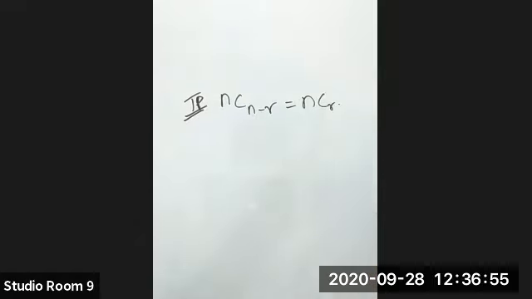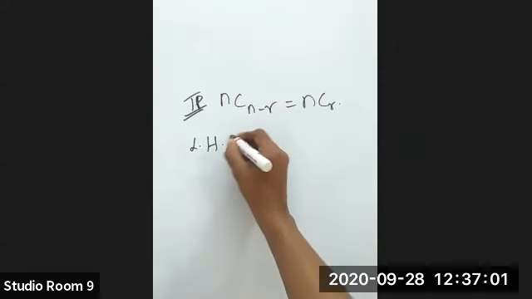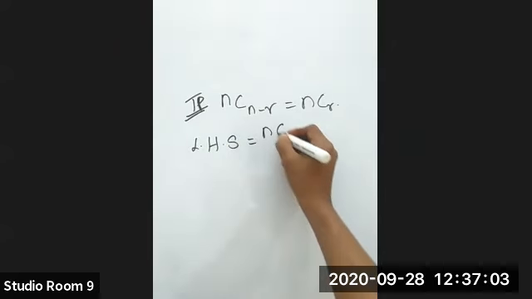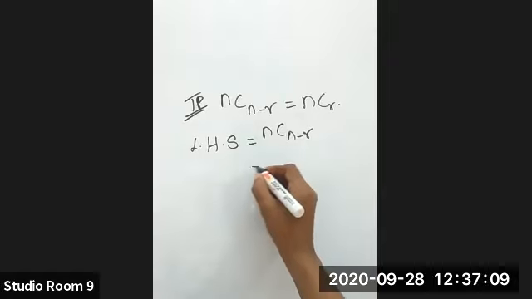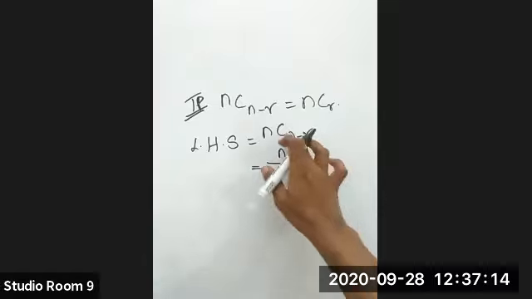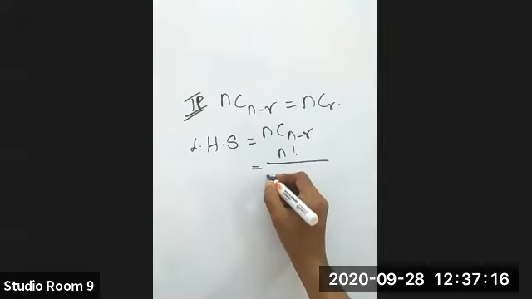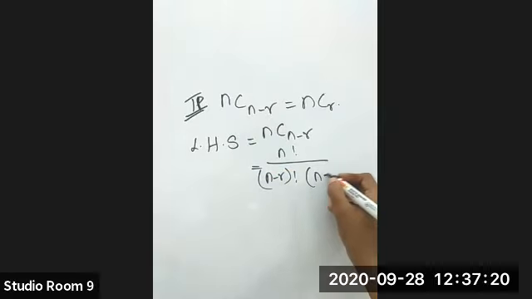We have to prove that NC(n minus r) is NCr. For proving that, we start from LHS. In LHS, we have NC(n minus r). What is the definition of NCr? It is n factorial by, in the place of r, we have n minus r: n minus r factorial into n minus of n minus r factorial.